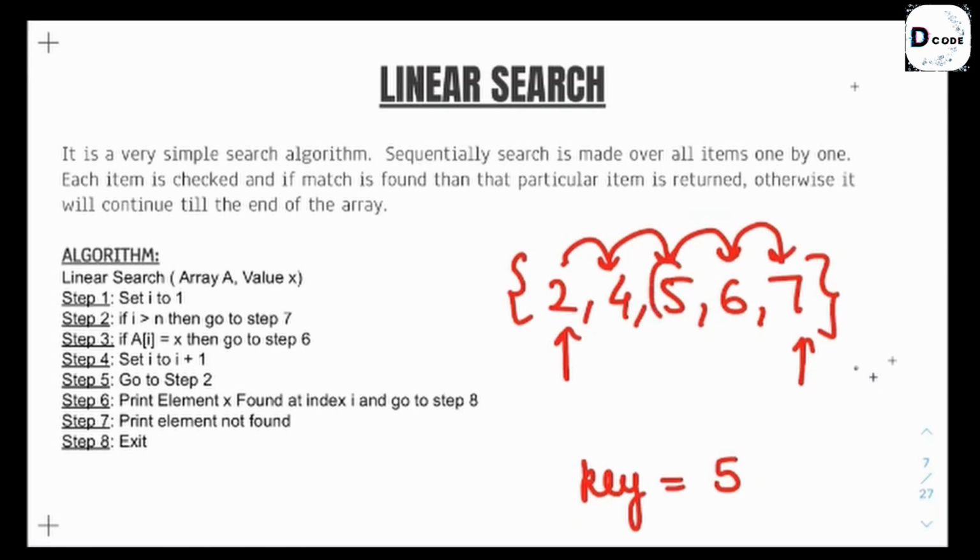On its way, it finds number 5 present at index number 2. So this will be returned. The same thing has been written in the algorithm also. It will set i equal to 1 and will iterate one by one. And then if the element is found, it will return the value. If not found, return nothing and then exit.